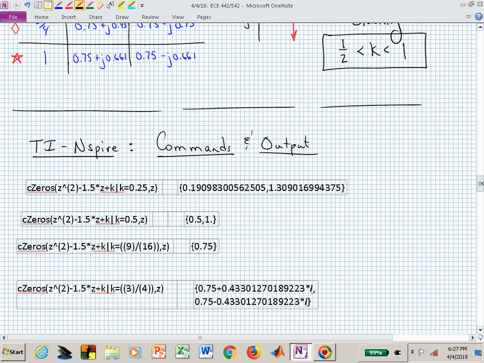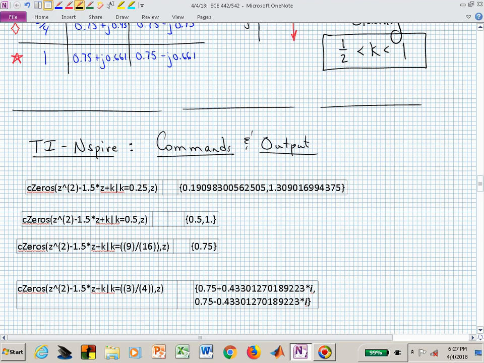I apologize if this is a little small, but you can read this later. But this is now how you could do this with a TI calculator. You could just say, oh, here's my polynomial, and now you can just jump up and copy this down and say, oh, let me replace this K. I started at 0.25. Oh, let me go up and now say with K equal to 0.5, with K equal to 9/16.